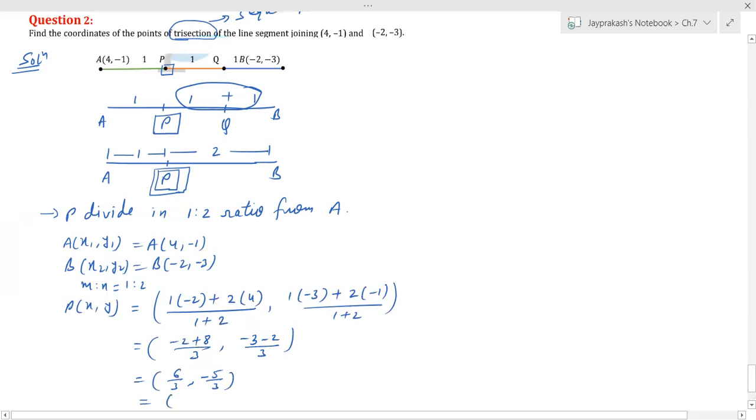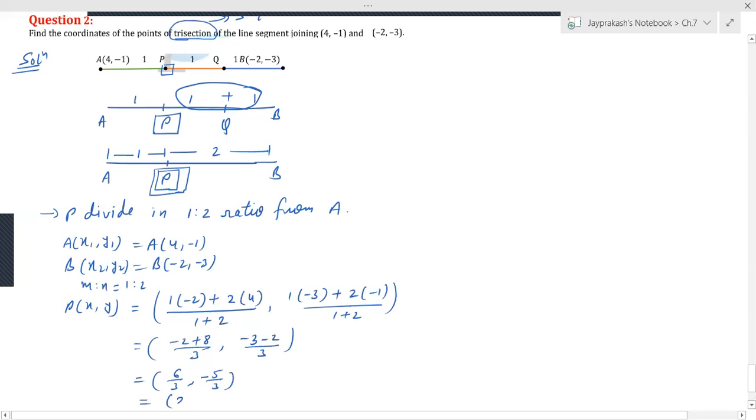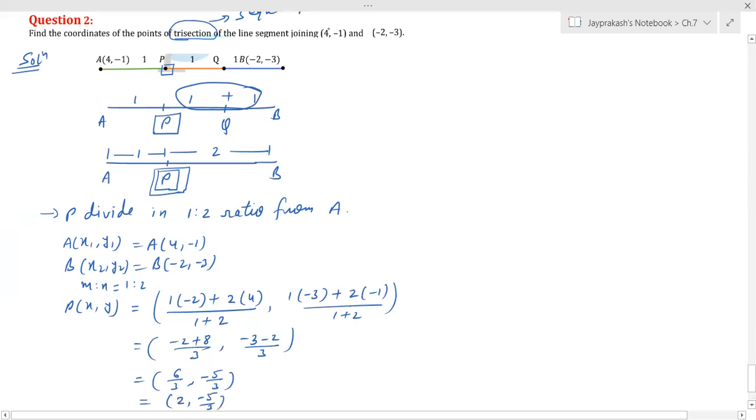So finally we have the coordinate of P as 2, minus 5 by 3.